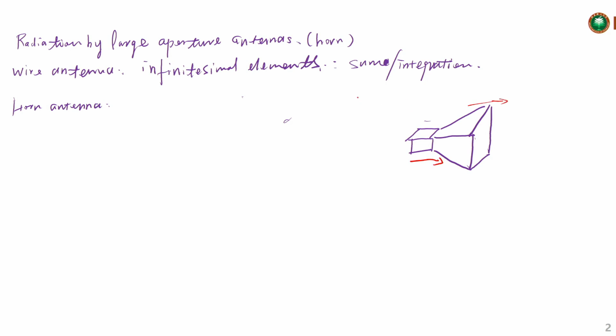When there is a source, how is it connected to the antenna? It's connected by a coaxial transmission line.